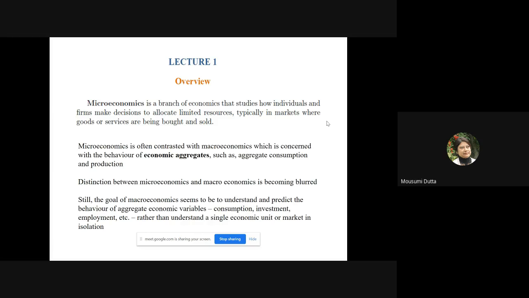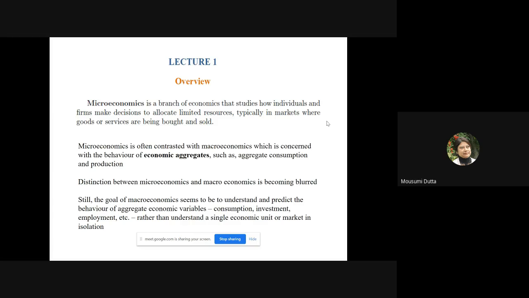So if we look at the second point, microeconomics is often contrasted with macroeconomics, which is concerned with the behavior of economic aggregates. So in case of micro, we consider an individual unit.